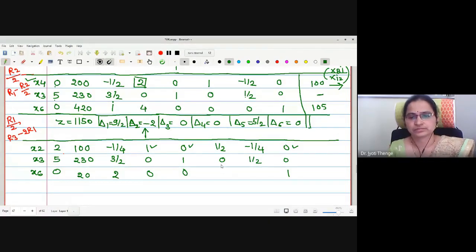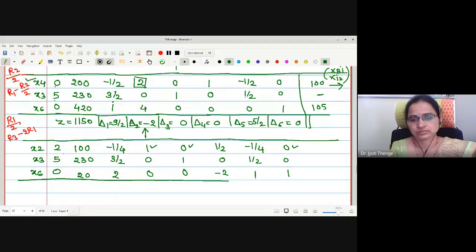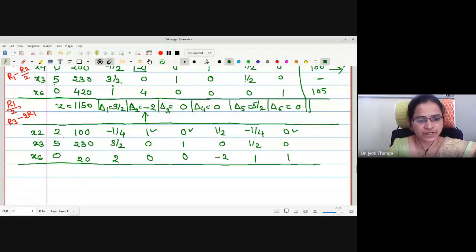For this entry, 1 minus minus, and here it is minus of minus plus 2 into half, it is 1. Check. Just do the operations. Students, any difficulty up to this? No, ma'am.